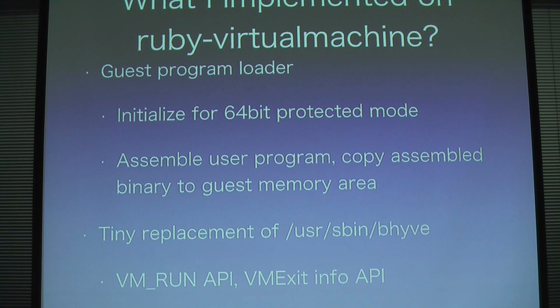But I think if you're able to run the assembly code for this machine in your Ruby script, and this Ruby library can assemble the assembly code to the binary, then load the assembly binary to the guest memory area, maybe it's much easier to run.